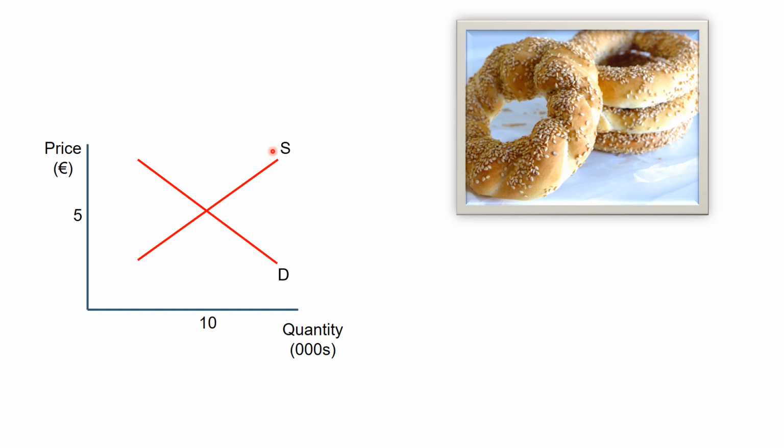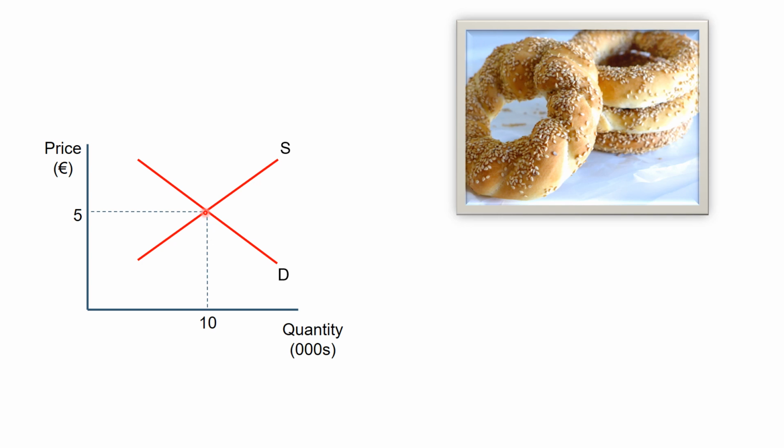And what we can see interestingly here is that there is a point where the two curves meet. And at this point here, the price is €5 and the quantity demanded and quantity supplied would be 10,000 of these delicious baked products.